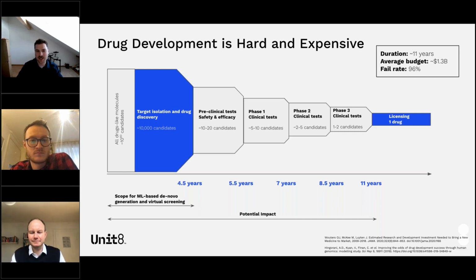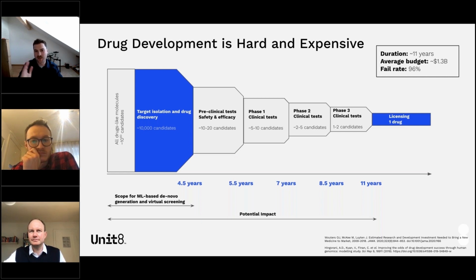And it works in stages, and the very first stage there on the left consists in trying to do some drug discovery, so discover a few of these molecules that could be potentially efficient. And this is where machine learning can help the most.